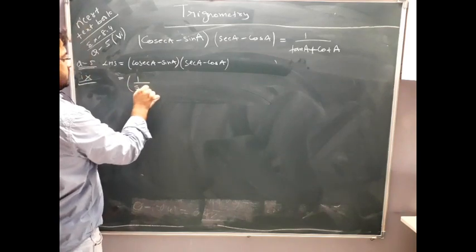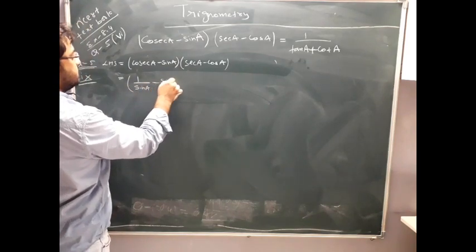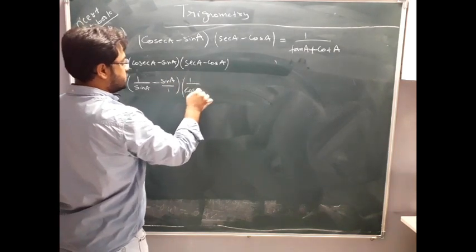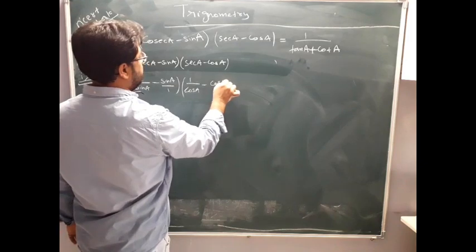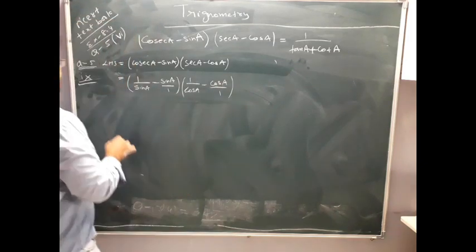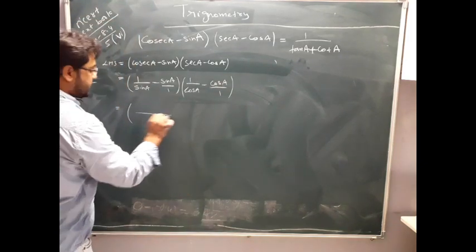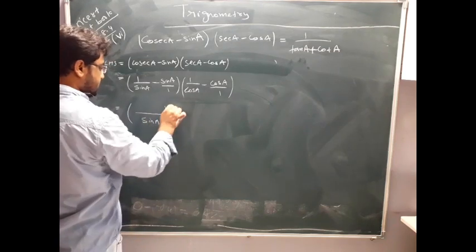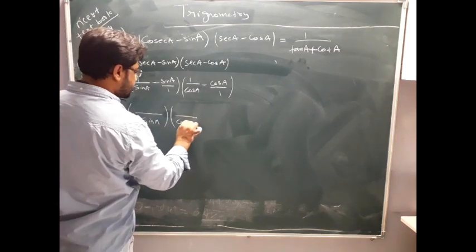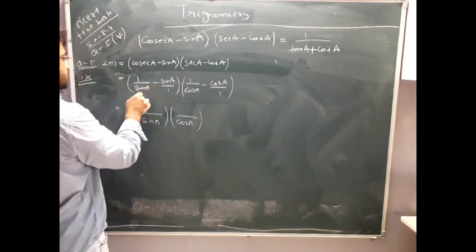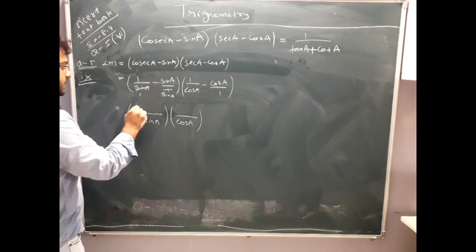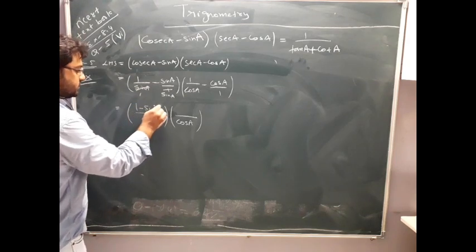1 by sin A minus sin A by 1, 1 by cos A minus cos A. Every term carries 1 in the denominator. So I take here sin A, here I will take cos A. 1 into sin A, yes or no? 1 minus sin square.